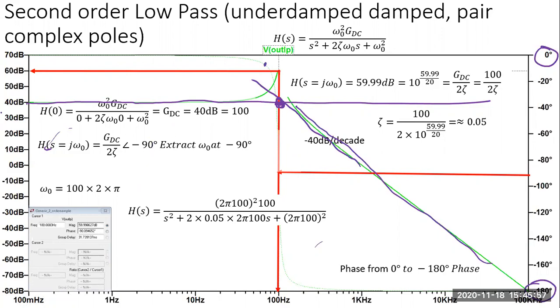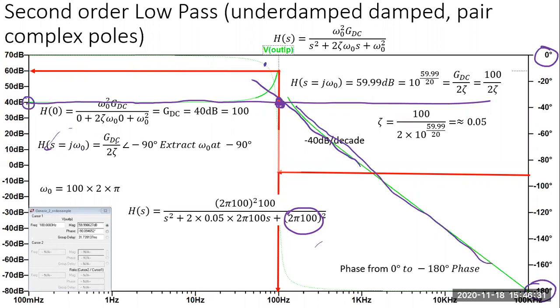Now again, the DC gain is the same, right? It's low frequencies. 40 dB leads to 100, right? Omega naught, however you calculate it, was still 2 pi 100 because I'm doing the same example, right? Now, we set S equal to J omega naught.